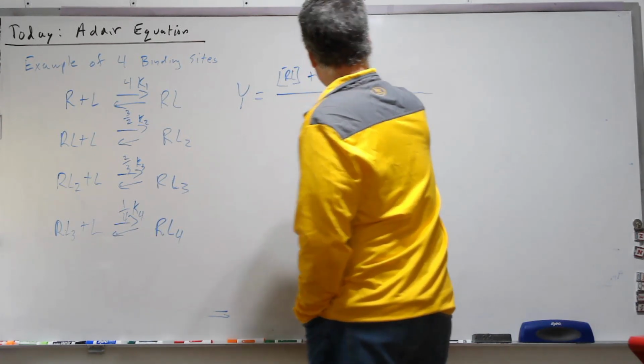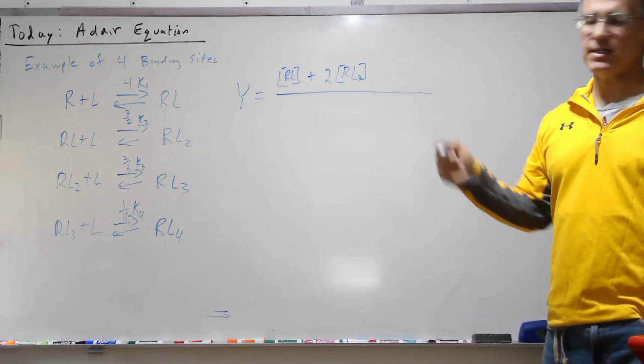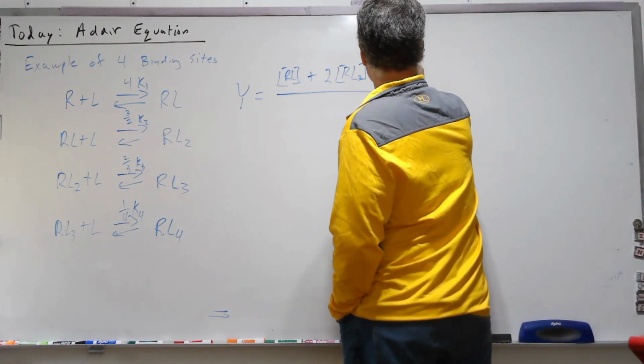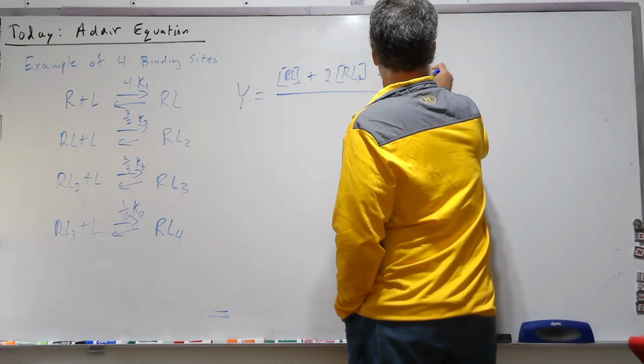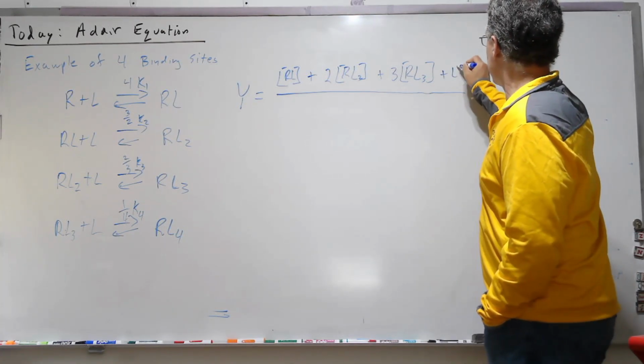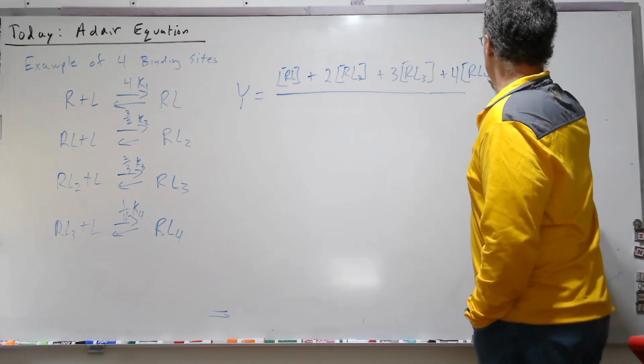But now we need a 2 here because there's 2 ligands bound. Okay, 2 of the sites are bound. Plus 3 RL3 plus 4 RL4.